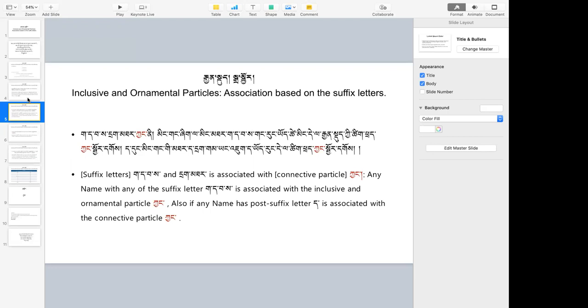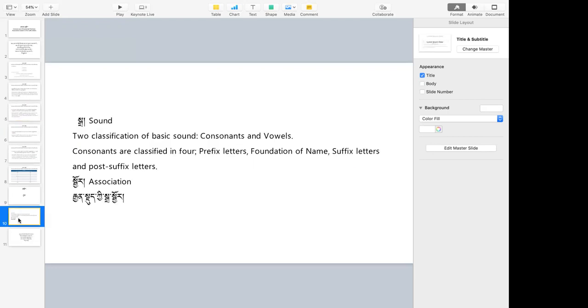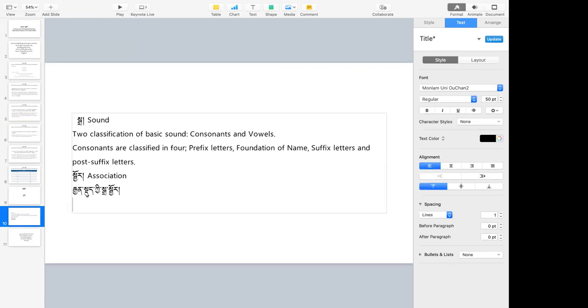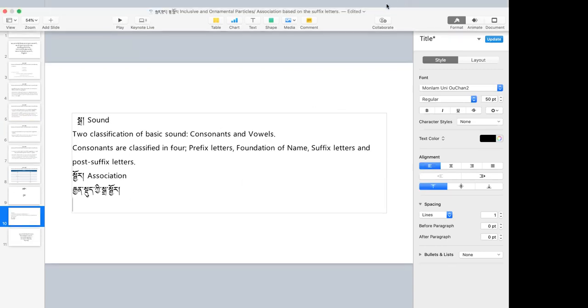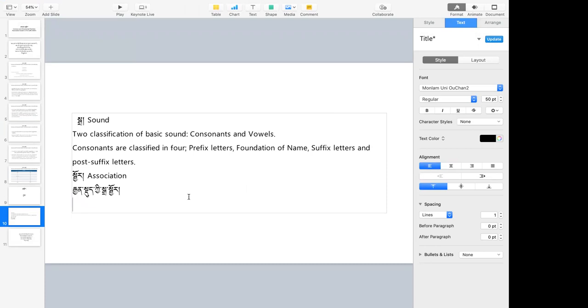So this means that, a very important thing that I have already said before in previous classes, but this term mingta refers to the end of a name. So here we must understand that a name is a combination of basic sounds.